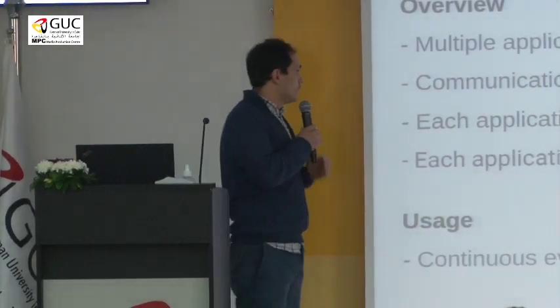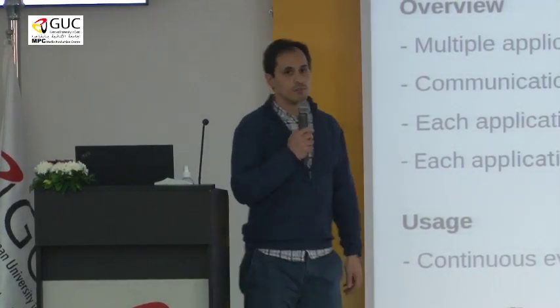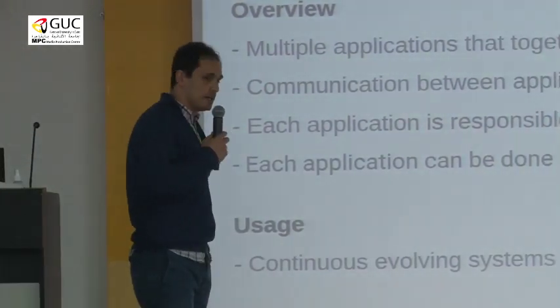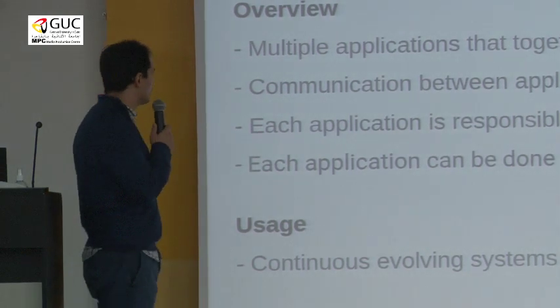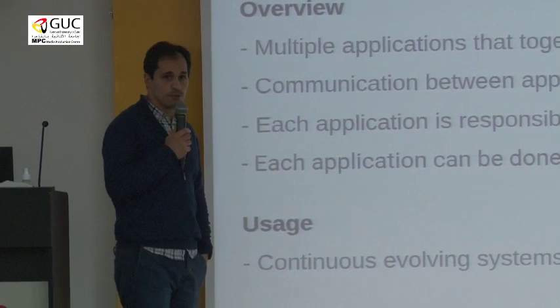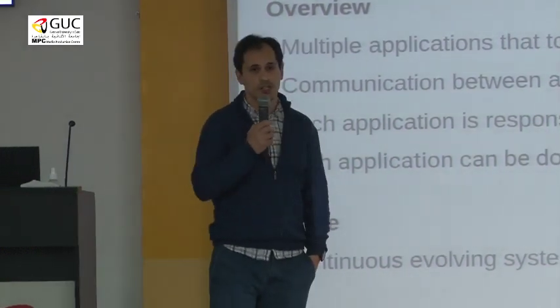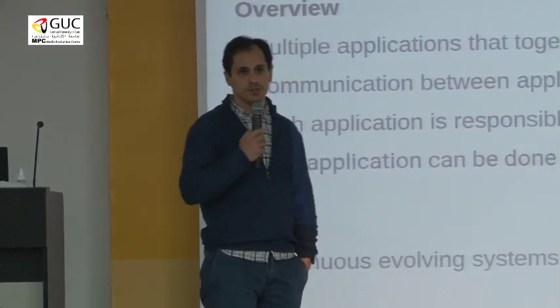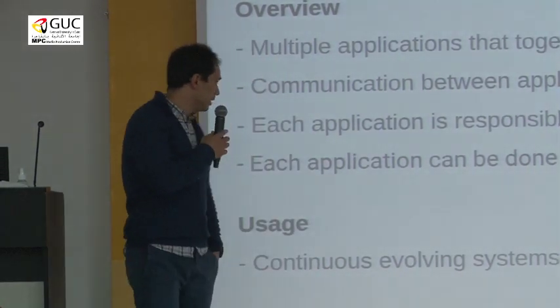As I said, we have several applications that combine to make a system. Microservices, in terms of communication, can be heterogeneous because we can have HTTP communication, we can have a message broker and stuff like that.